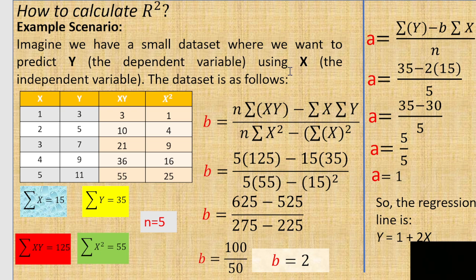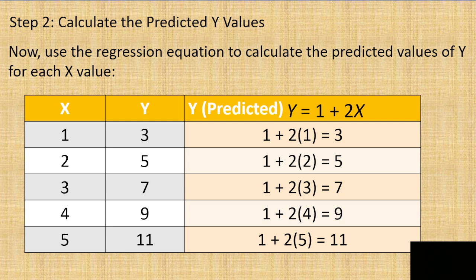So this is what we will use to find the predicted values. For step 2, calculate the predicted values. For the third column, we just substitute the value of x from the first column.